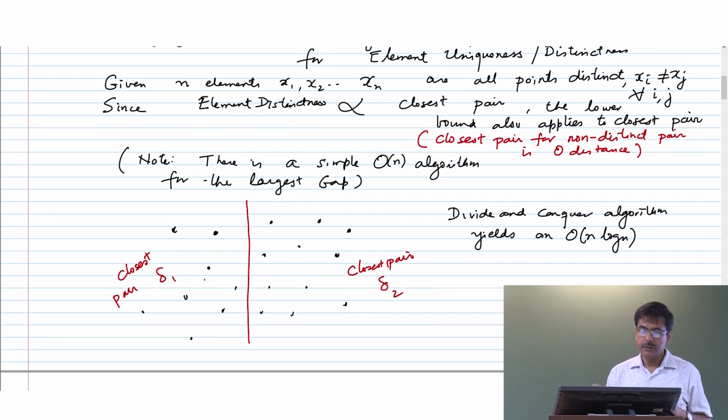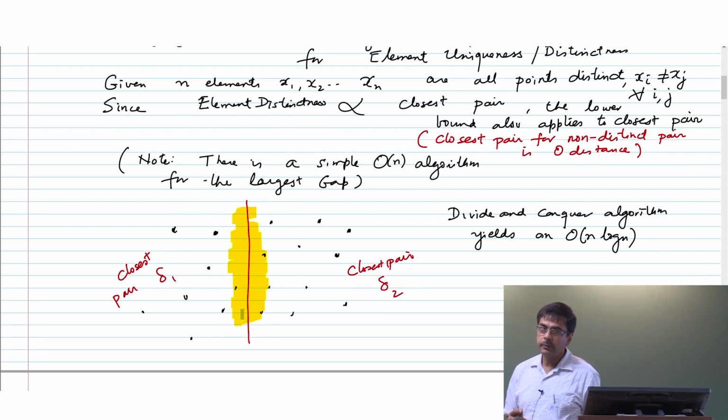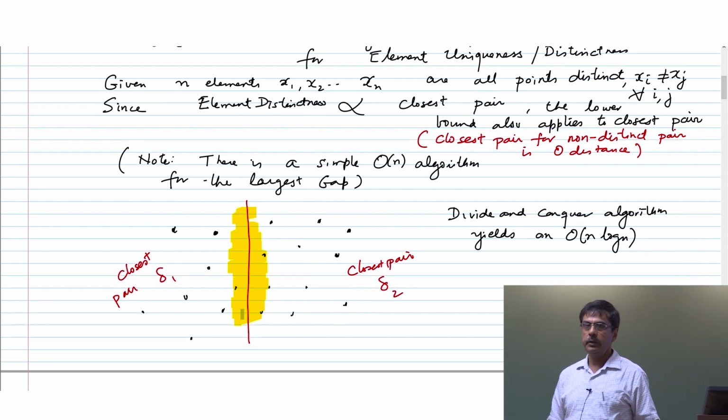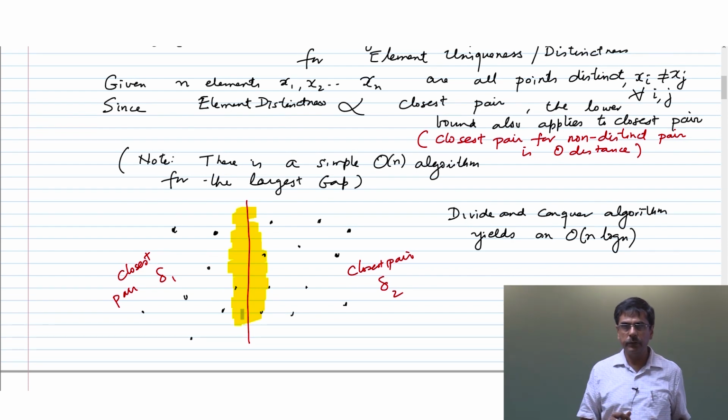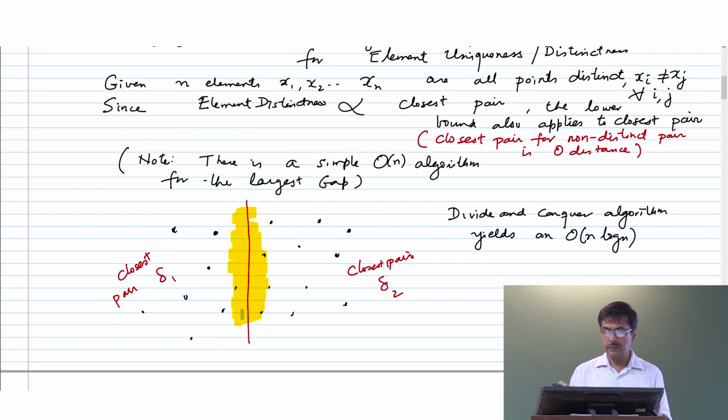When you merge them, that's the tricky part, because then you have to actually compare points across the boundaries, because you have not looked at those things, right. And for that you need to use some geometric arguments, about how many points basically can be very close in the boundary, given that on one side the closest pair is delta 1 distance, and the other side the closest pair is delta 2.